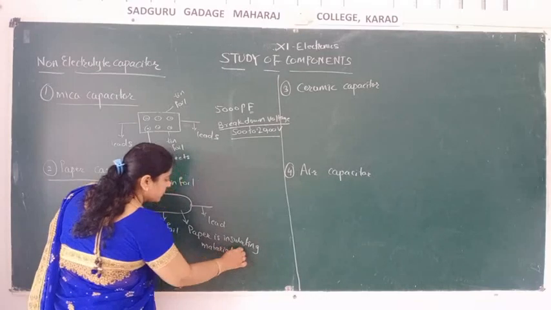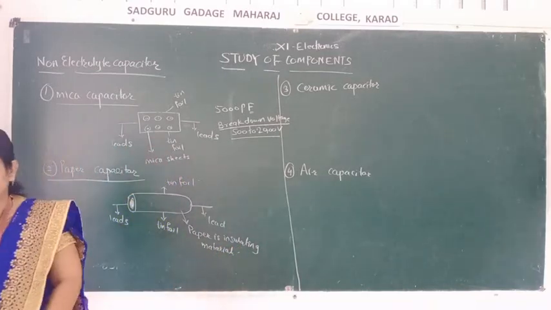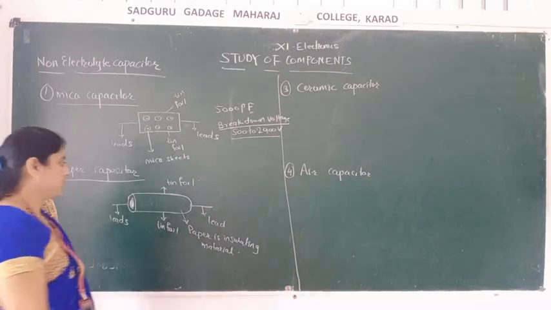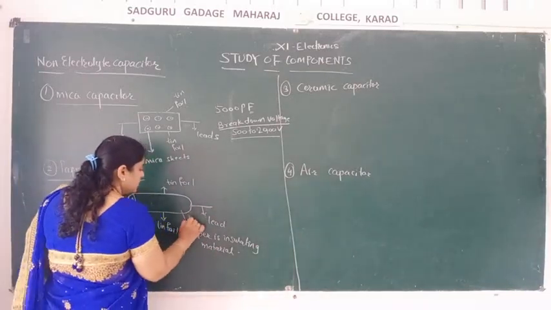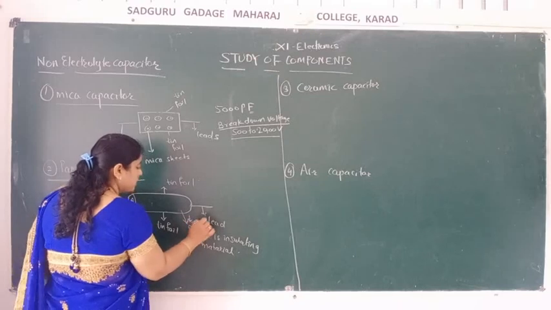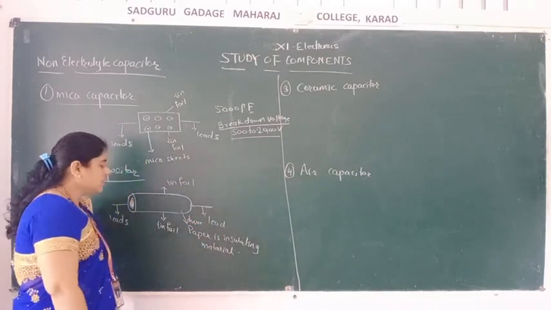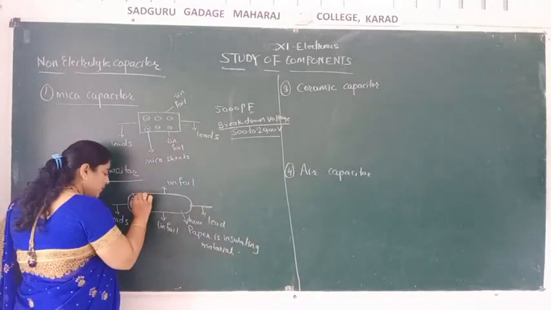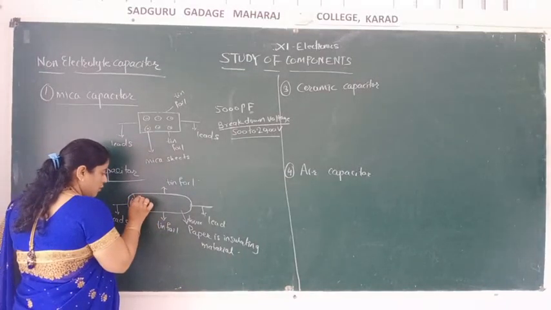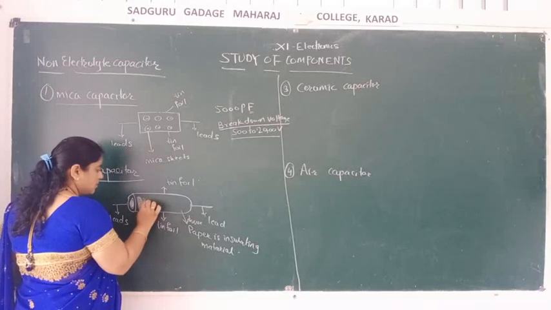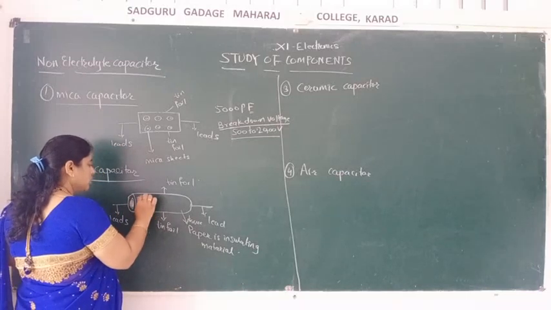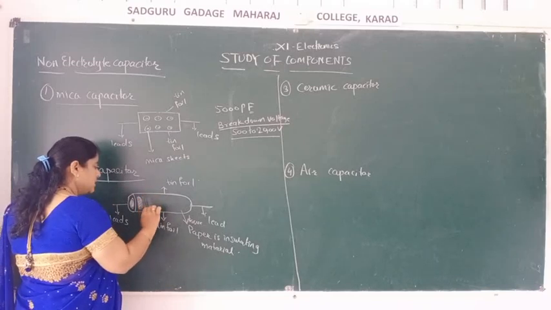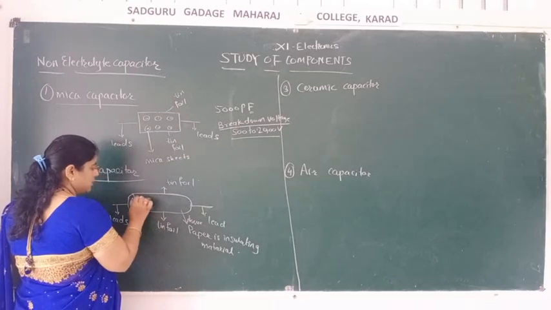Two rolls of tin foil are there and tissue paper is used as the insulating material. There are plates of paper, and it is all combined together.